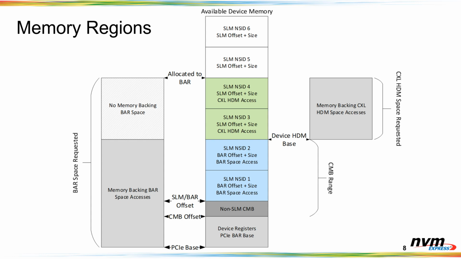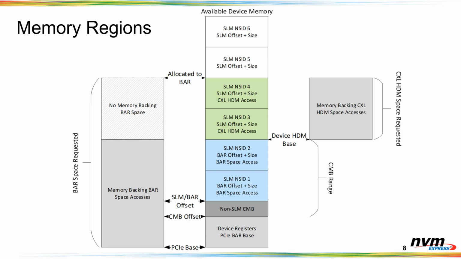And then, of course, to make a complete story, we have namespace ID 5 and 6, which are going to be command access only, the same that we have today. So what's going to happen at boot time, if we look over on the left-hand side of this picture, is the device is going to request BAR space for the entire region up to and including namespace ID 4.